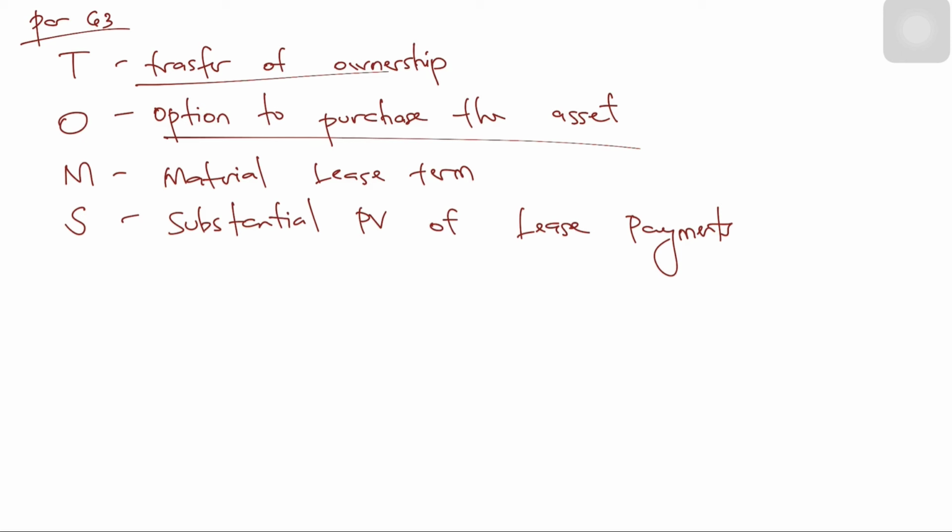So, hindi enough na sinabi ng problem na may option to purchase the asset. Dapat, at the inception date, yun yung start date ng term or ng contract nila, it must be reasonably certain that the option will be exercised.